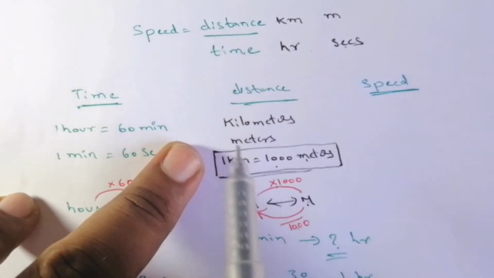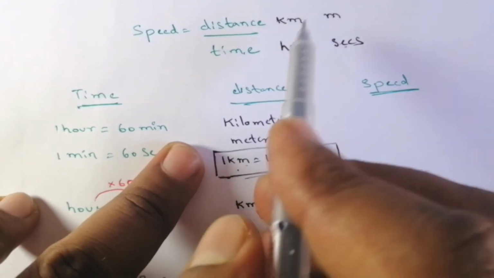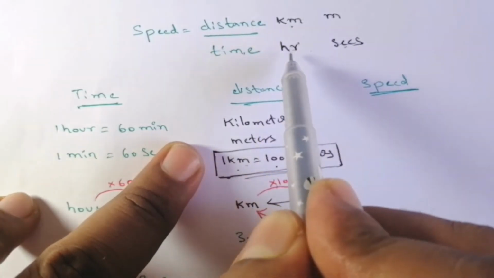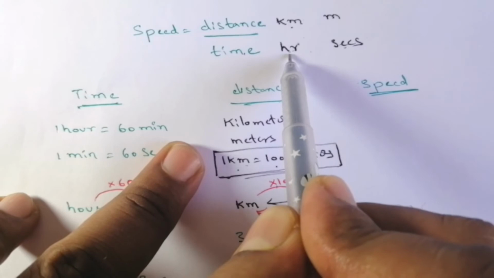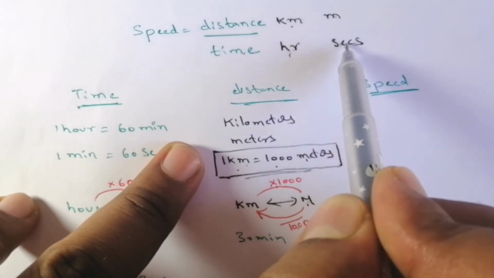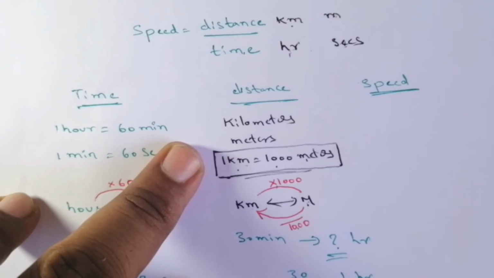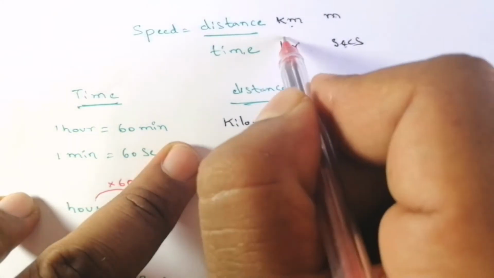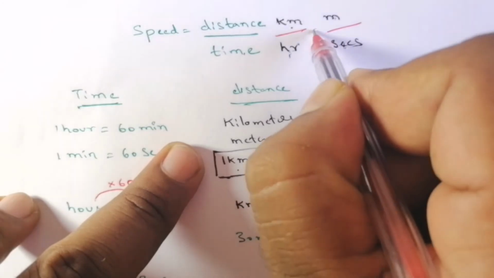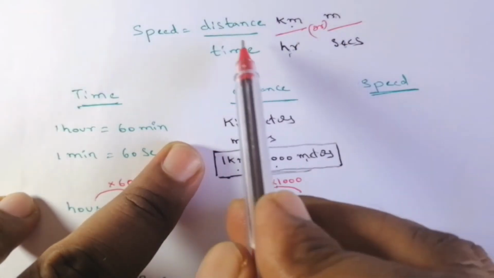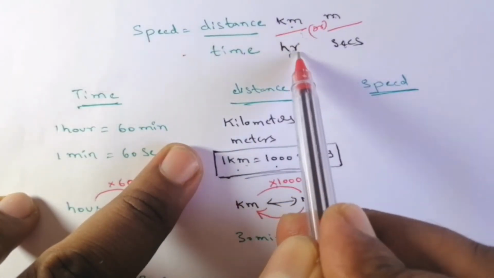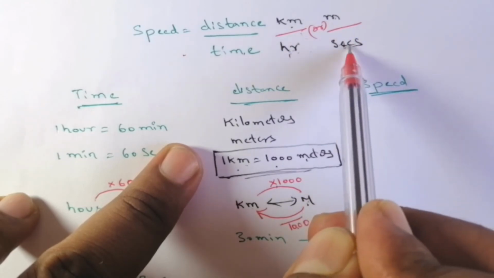If we take the distance in kilometers, we take the time in hours. If we take the distance in meters, we take the time in seconds. So the units of speed will be kilometer per hour or meter per second.